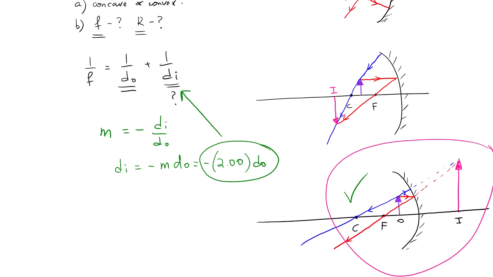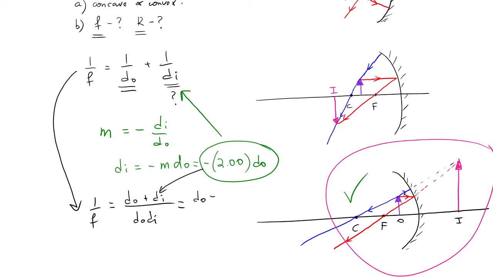I can say 1 over f equals, let's put it this way, d_o d_i on the bottom, d_o plus d_i on the top, and then plug the d_i in. So we have d_o plus negative 2.00 d_o divided by d_o times negative 2.00 d_o. So this makes it equal.